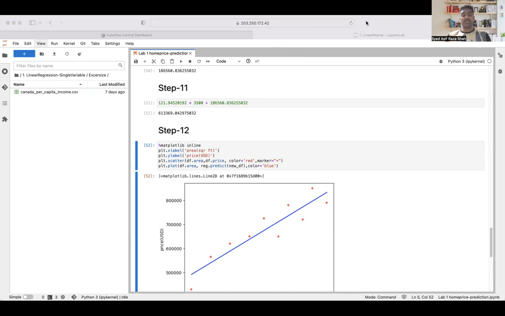Currently, we are only using the area to predict the price of the house. In the next video, we will use multiple variables, multiple x variables, right, to predict the price of the house or some other things. We will use more variables.